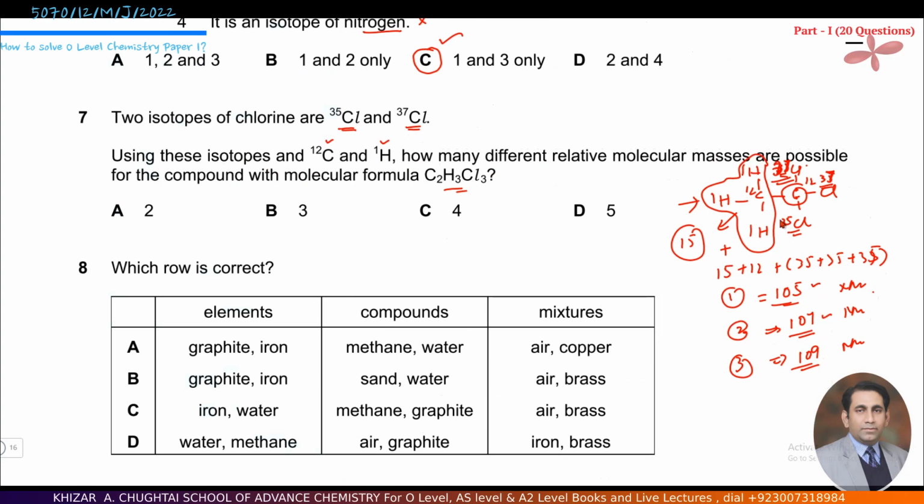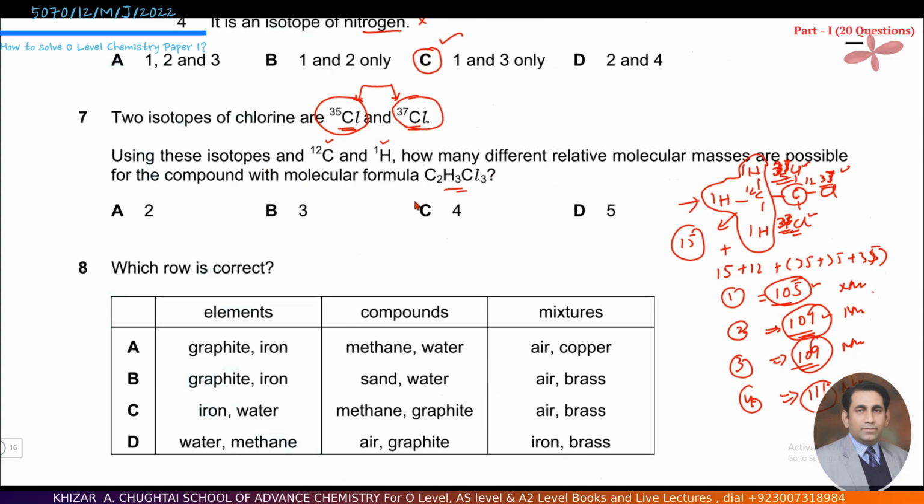The last option is if this molecule has all Cl atoms of the higher isotope, the higher mass. Its value will be 111 Mr. So 105, 107, 109, 111: four different possible Mr values are there, as far as the two chlorine isotopes are concerned.